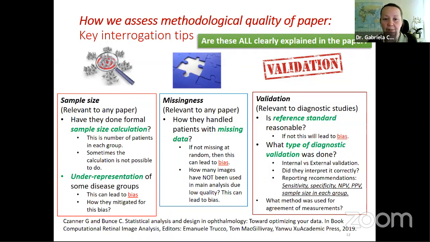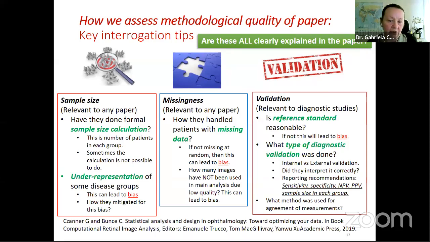Meaning, were there any patients for whom the color fundus photograph was not available because it was maybe lost, or maybe it wasn't of good enough quality, maybe because of cataract? If this is the case, if there are some missing data, this may lead to a bias, especially if the missingness is not random.